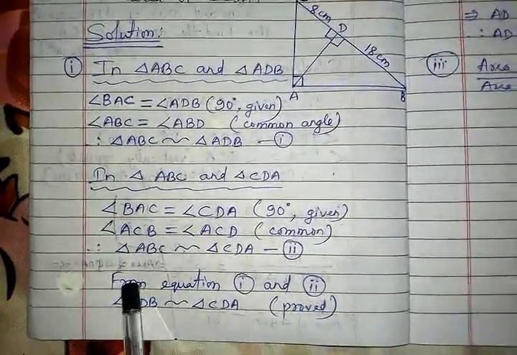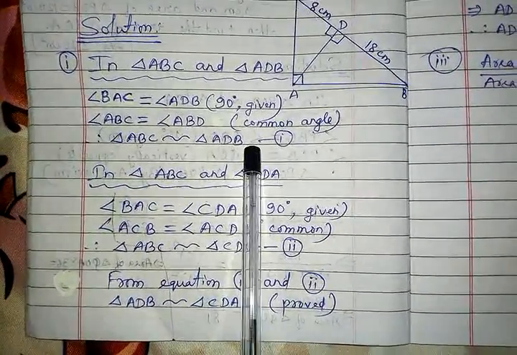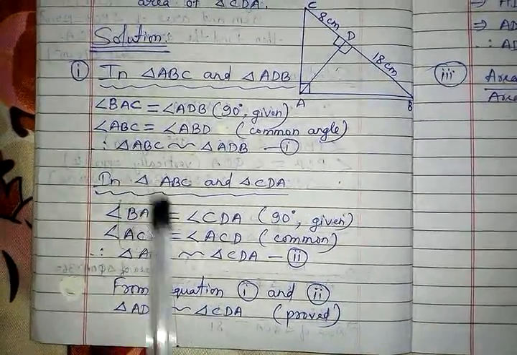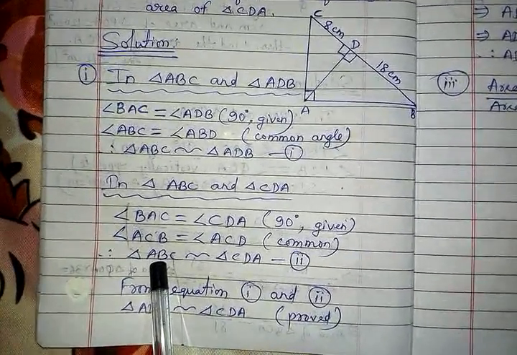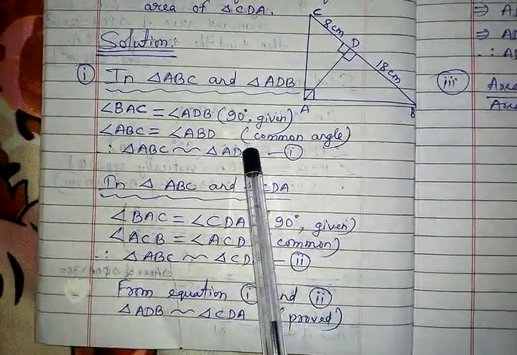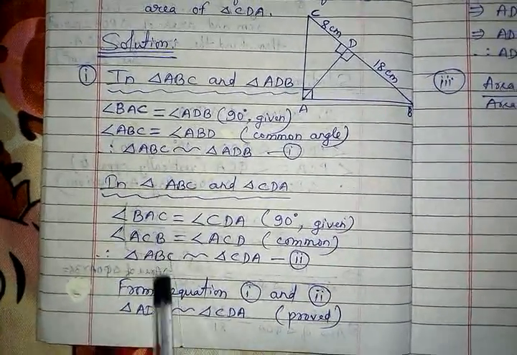Now you can see from equation 1 and 2 that triangle ADB also is similar to triangle ABC, and triangle CDA also is similar to triangle ABC. That means both the triangles are similar to the same ABC.